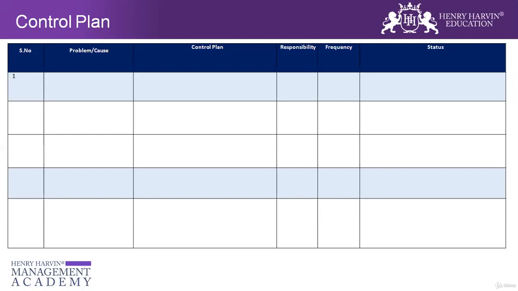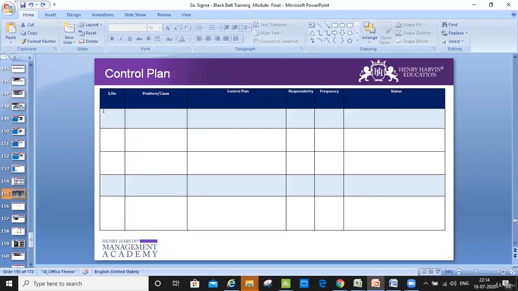So likewise for productivity, if one of my causes was the shift timing, and I have implemented a solution on the shift timing wherein I have consolidated 3 different shifts, or maybe I have come up with a solution wherein I'm doing a rotation, I have to mention the same problem or the same cause that was identified. So this is a cause, this is an X. So I should mention it here.